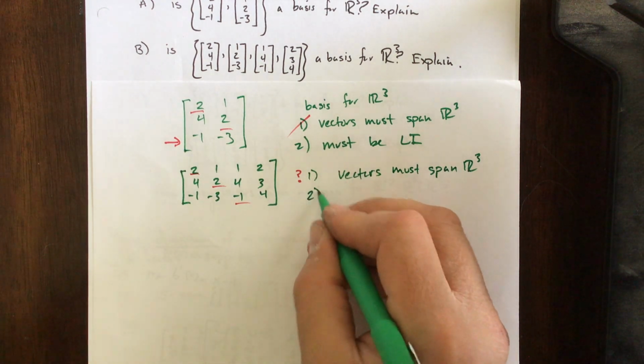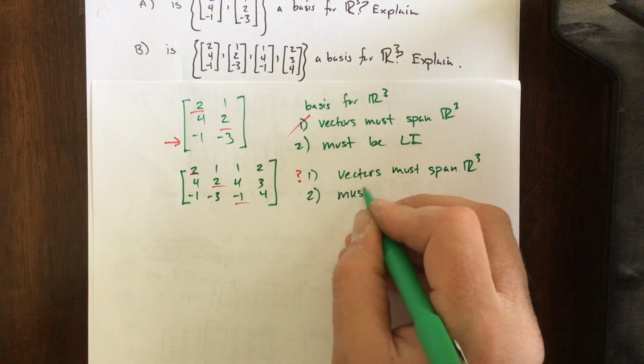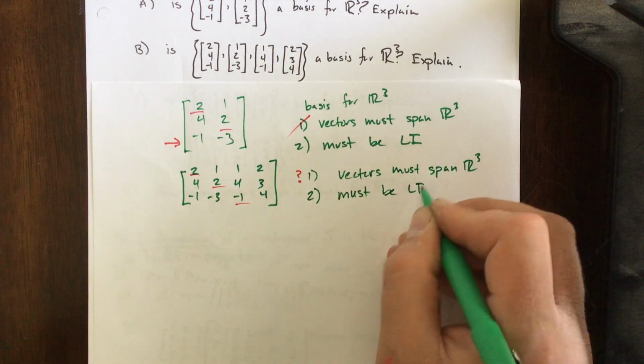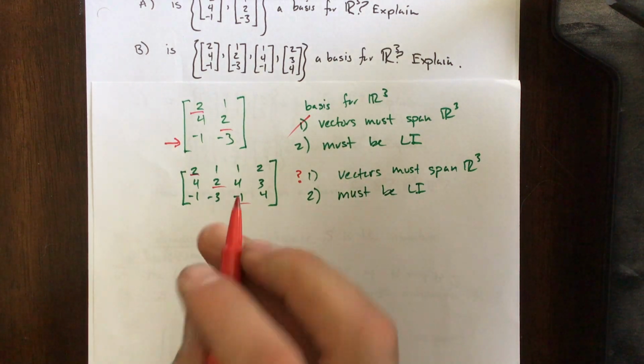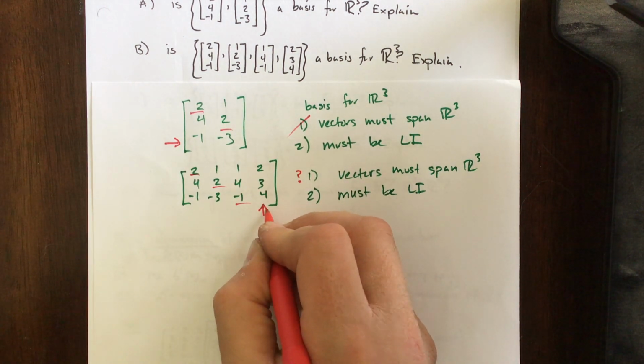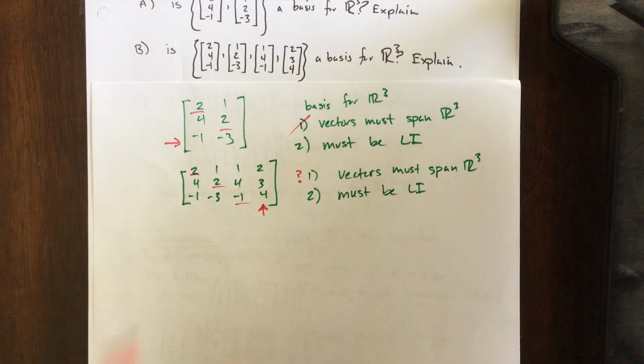Two, the vectors must be linearly independent. If you look at linear independence, there's at least one column that won't have a pivot. There could be more than one column, but there's going to be at least one column that won't have a pivot.